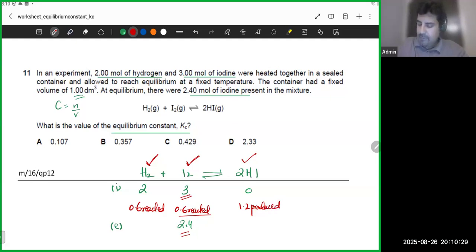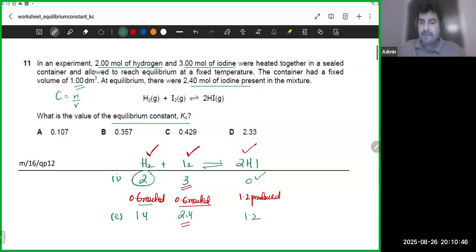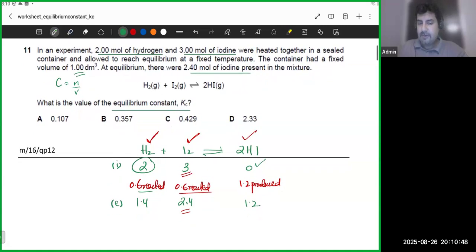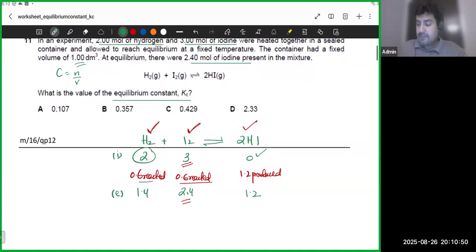So your equilibrium moles are going to be that you started off with 2, 0.6 reacted, so you're left with 1.4 moles. You started off with 0 and now 1.2 got produced, so your moles would be 1.2. If it's getting reacted, they're going to be less. If they're getting produced, they're going to be more. Okay, so you found your equilibrium moles. The concentration would be exactly the same because it's 1 dm cube.